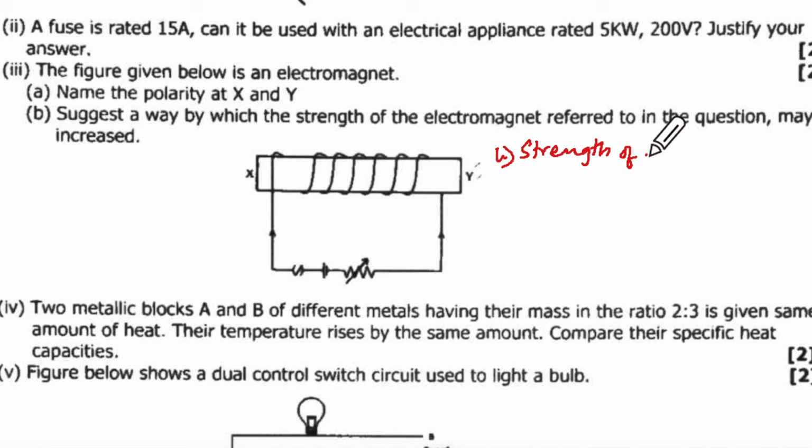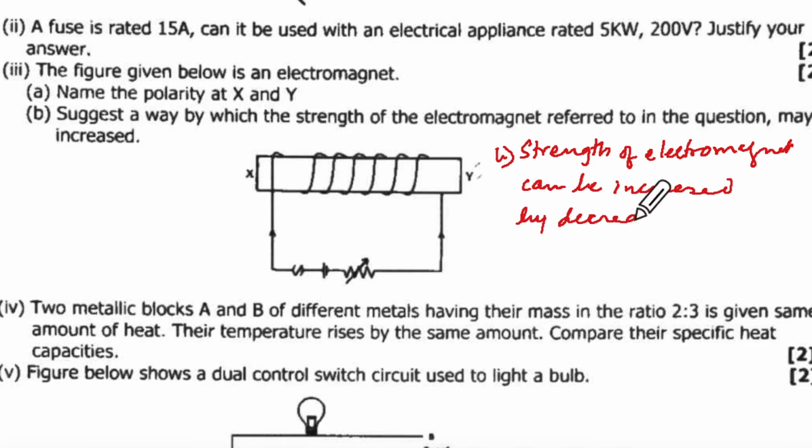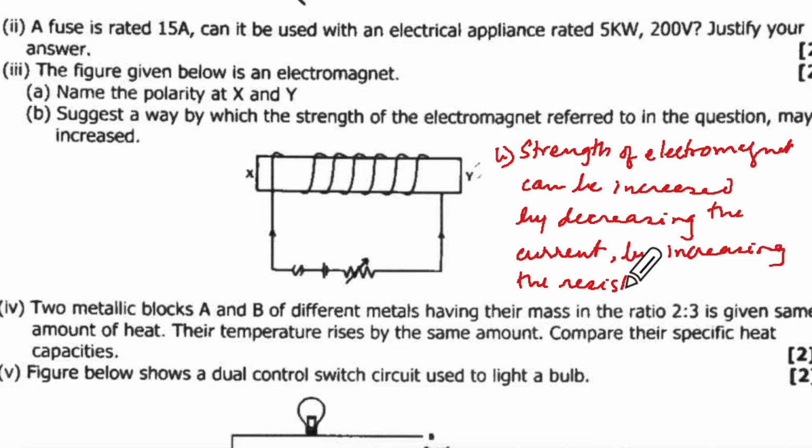So strength of electromagnet can be increased by decreasing the current by increasing the resistance of the rheostat.